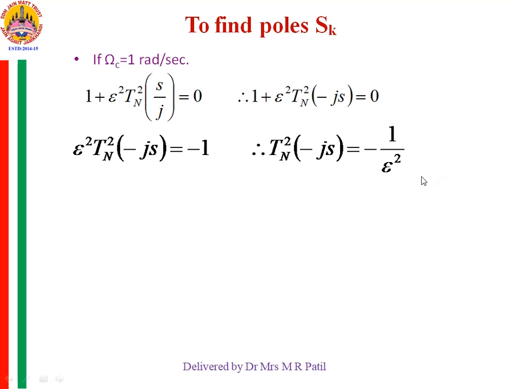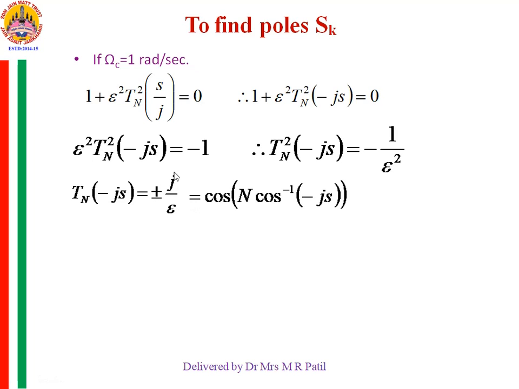Now, if I take the square root of this, Tn of minus Js is equal to plus or minus J by epsilon. Now, for this value of J by epsilon or the pole locations, for every pole location for the stable system, the magnitude is less than 1.